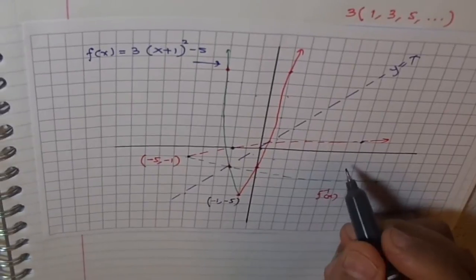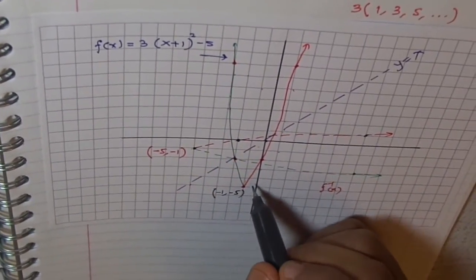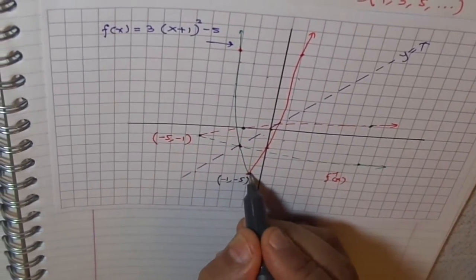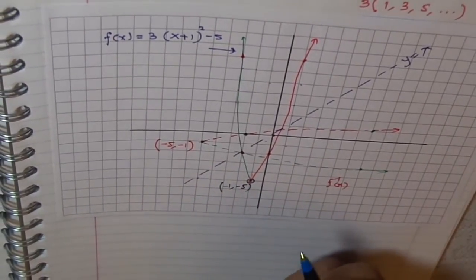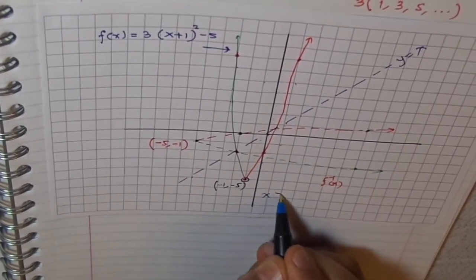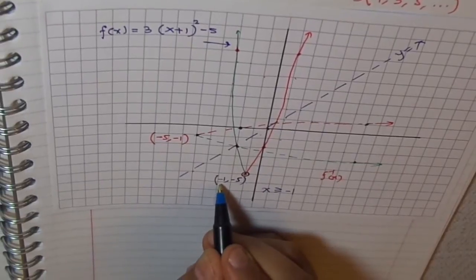What we can do is restrict the domain of our function so that its inverse becomes a function. Now, the best way to restrict the domain is to start with the vertex. So let's take the values only for x greater than or equal to minus 1. So here the x value is minus 1.